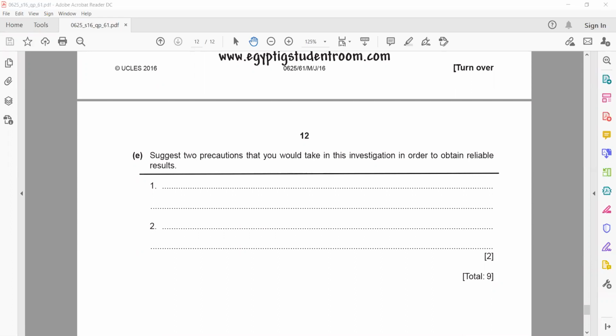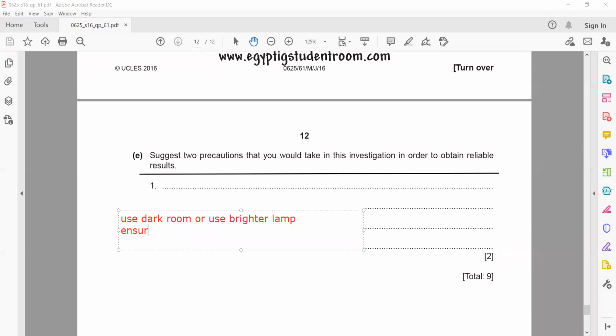You should use a dark room. Why a dark room? Because in a dark room you can see the image clearly. Or use a bright lamp. And ensure the object and lens are at the same height.